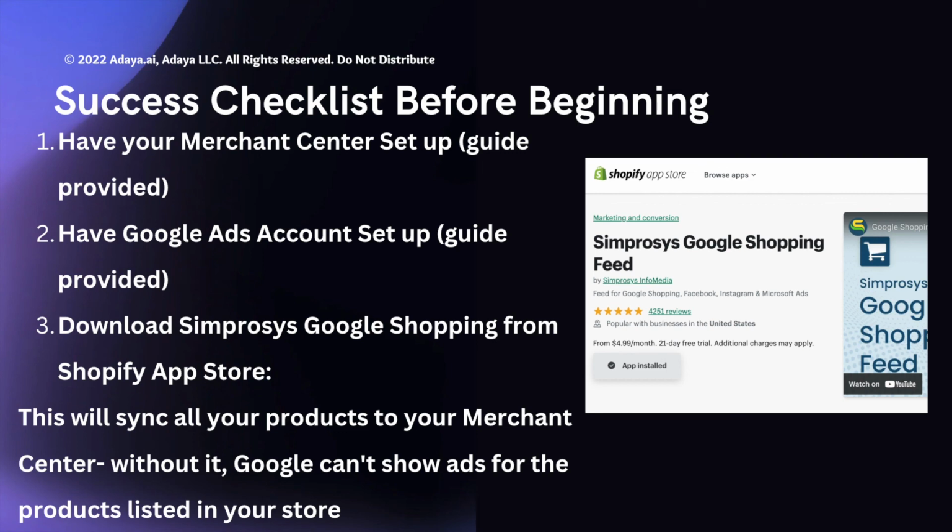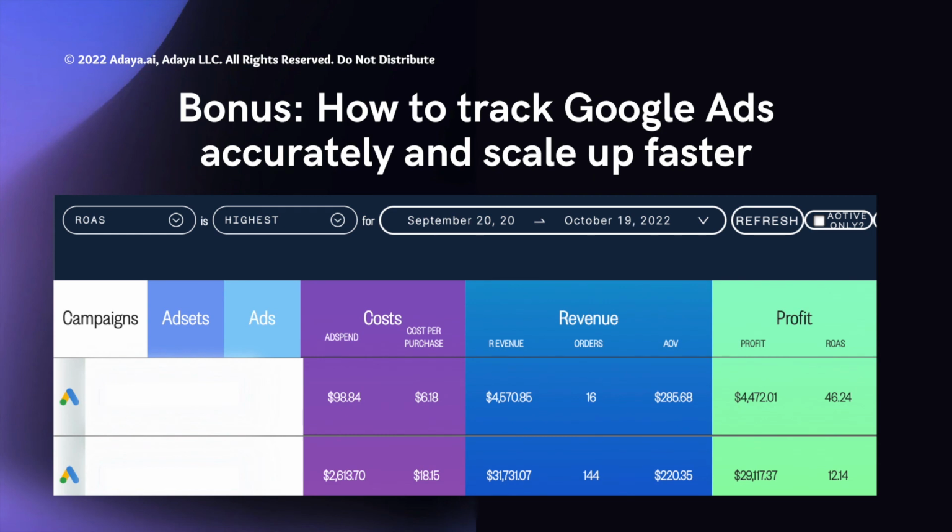And now I want to go over, this is the bonus, how you can track Google Ads accurately and scale it faster. I'll show you how to do this specifically, but as you can see in this example, we helped one of our clients achieve an extra $35,500 through just 2 campaigns, which resulted in a 46 ROAS and a 12 ROAS just simply from the past month.